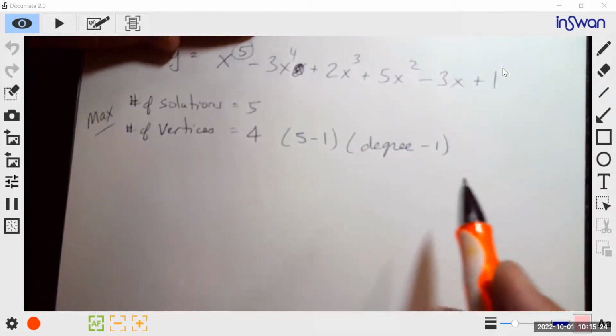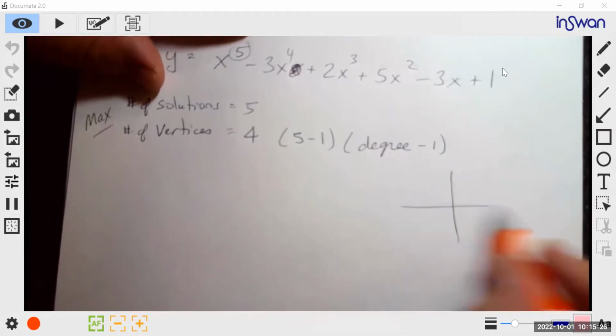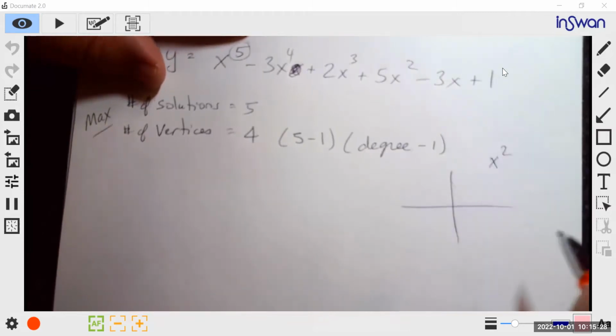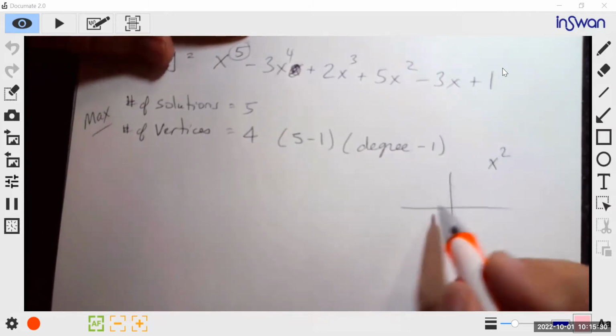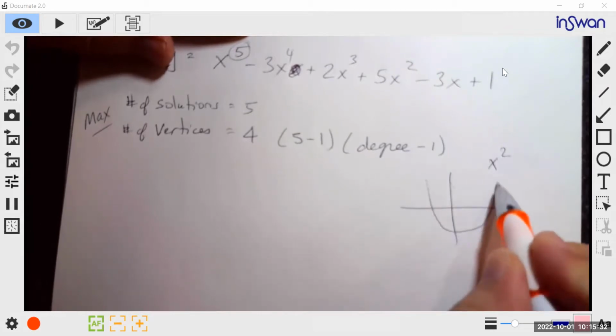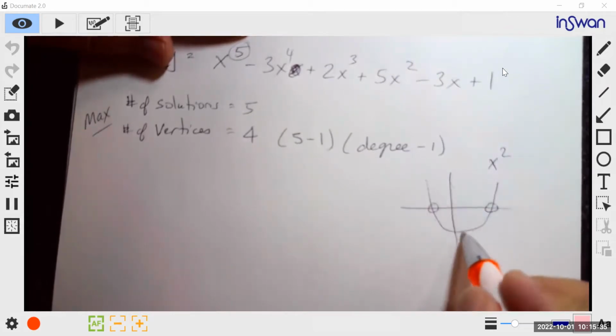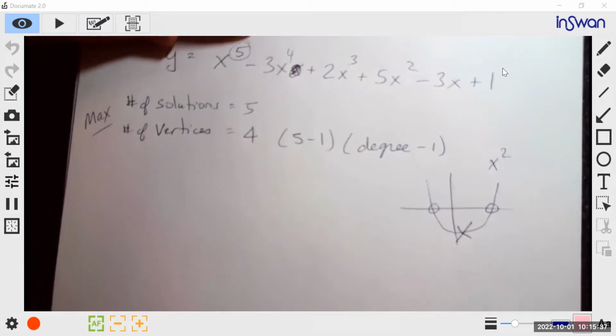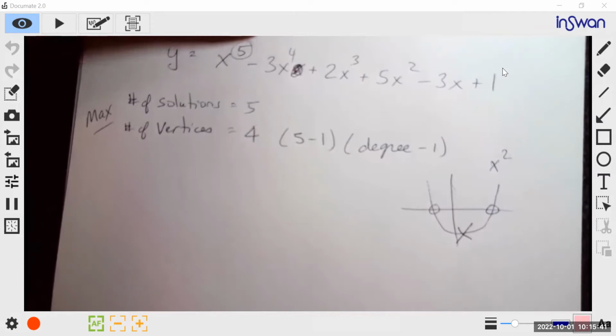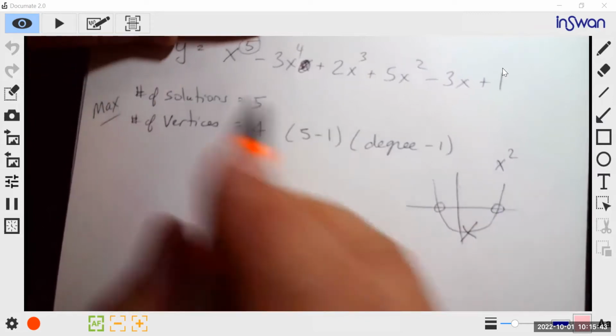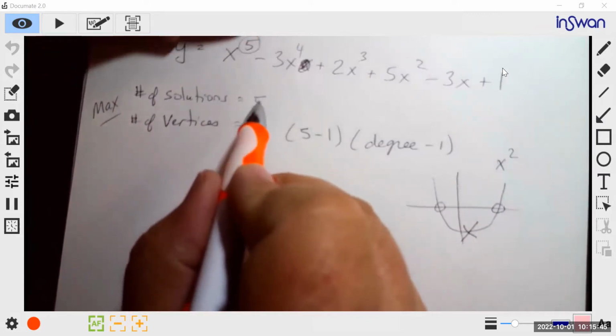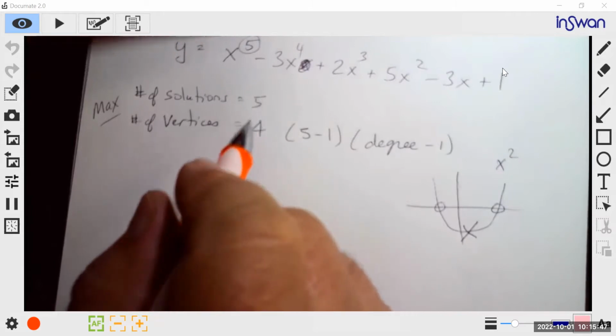Because think about it. If our equation was x squared, that means we can have 2 x-intercepts, right? 1, 2, which means we can only have 1 vertex. Now, when it says, what's the minimum number of solutions we can have?